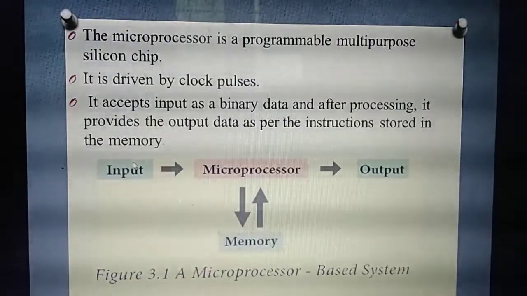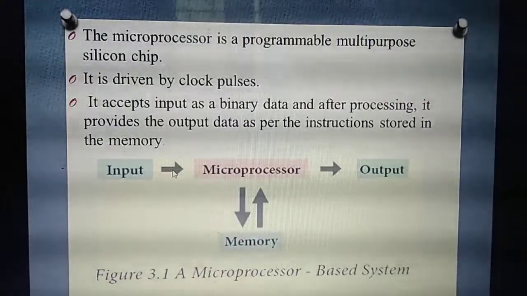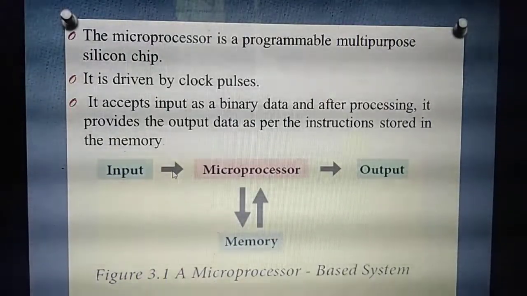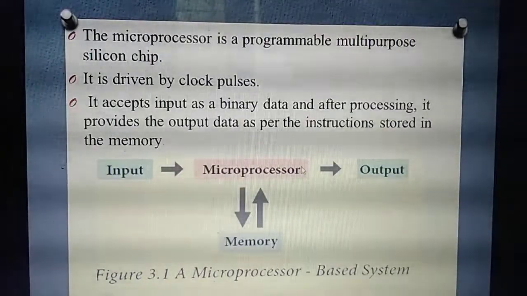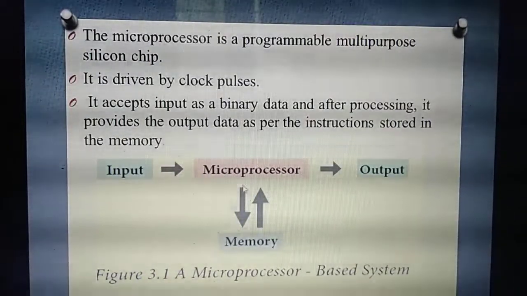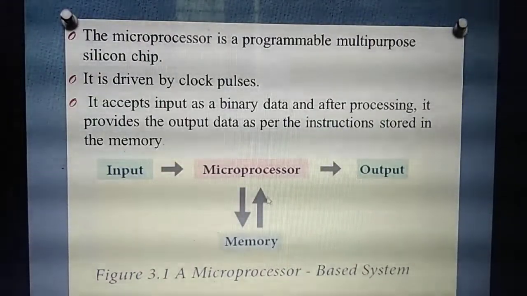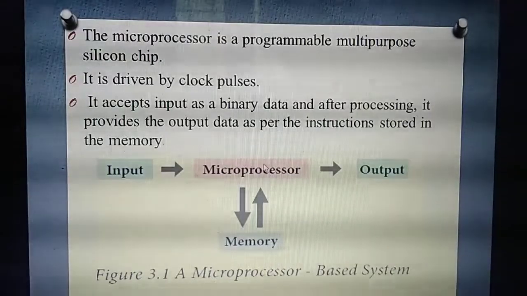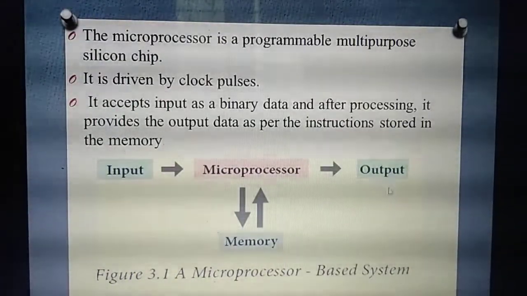So what is the working of this one? The particular input you are giving is converted into binary data format. Binary means ones and zeros. That input is processed by the microprocessor and stored in memory. From this memory, the output again goes to the microprocessor, then the microprocessor gives it to the output device. You will get the particular output.